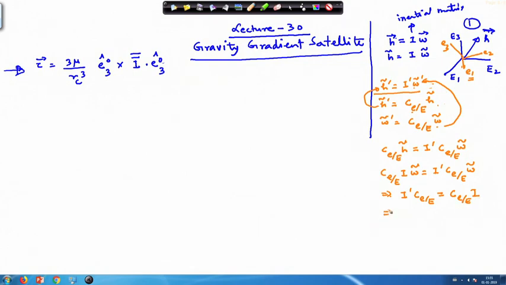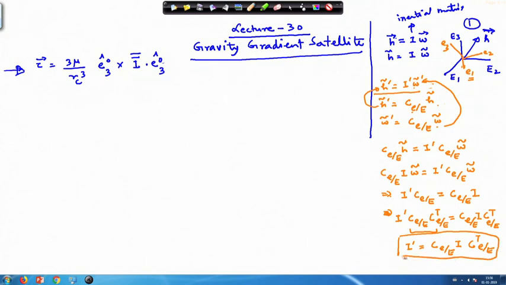If we operate on this, we can see that this quantity is an identity matrix, and therefore this gets reduced to I prime equal to C small e slash E I C transpose small e slash E.